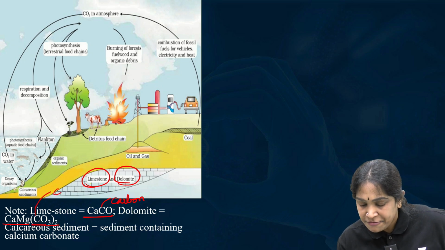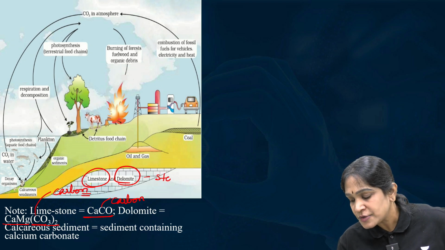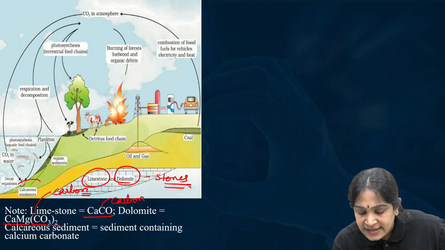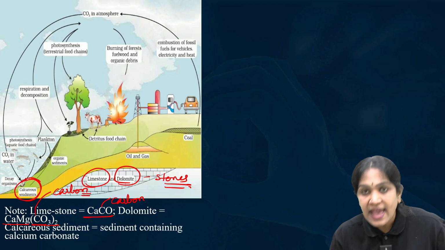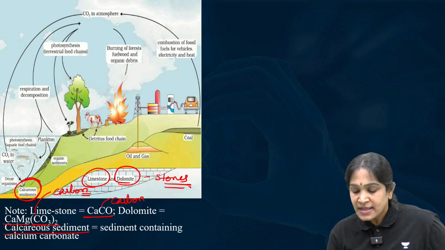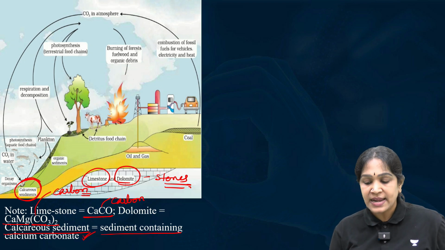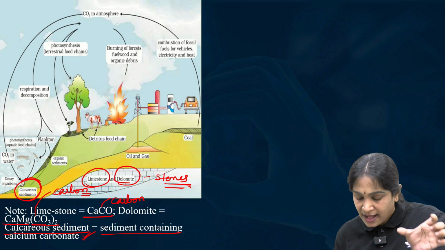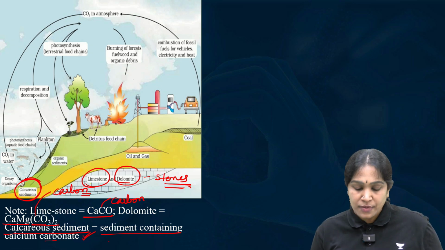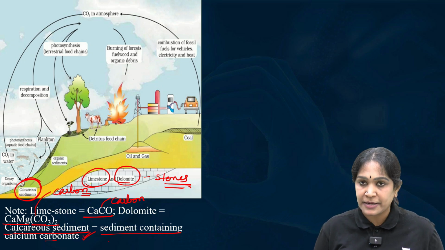So here you have carbon. And dolomite? CaMg(CO3)2. So here also you have carbon. These are different types of stones. Also you have calcareous sediment. What is calcareous sediment? Any sediment containing calcium carbonate. Carbonate is again carbon. So different sediments and rocks contain carbon.